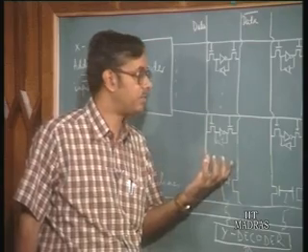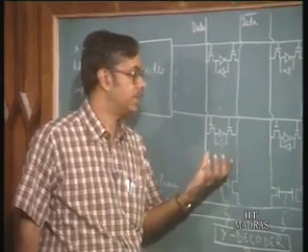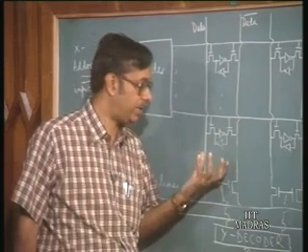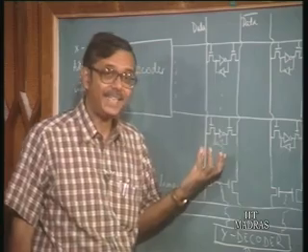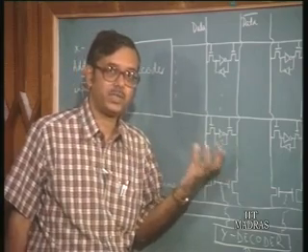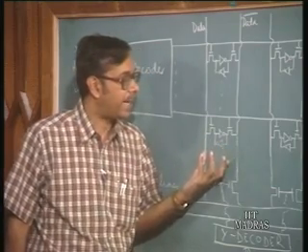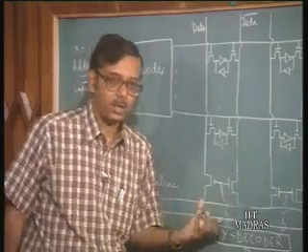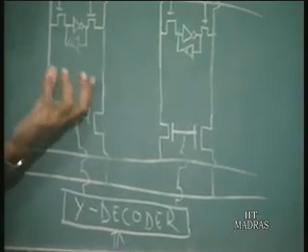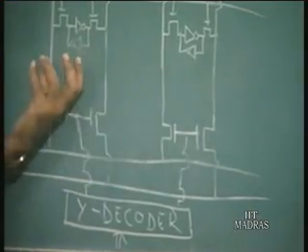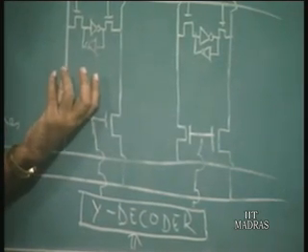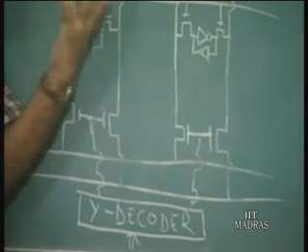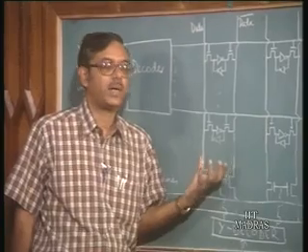For example, if you again have a 256 kilobit memory, which means 2 to the power 18 cells, 256,000 cells, we have 2 to the power 9 columns. So, if we put one sense amplifier per column, we just have 512 sense amplifiers. 512 compared to 256,000 is quite a small number.